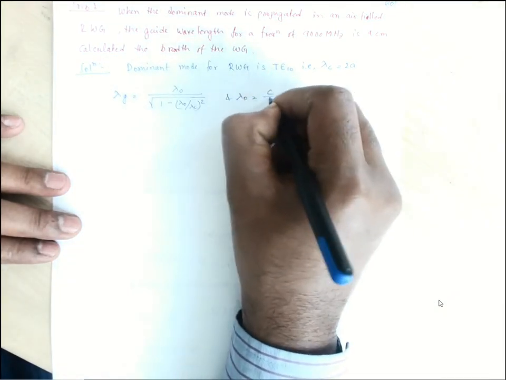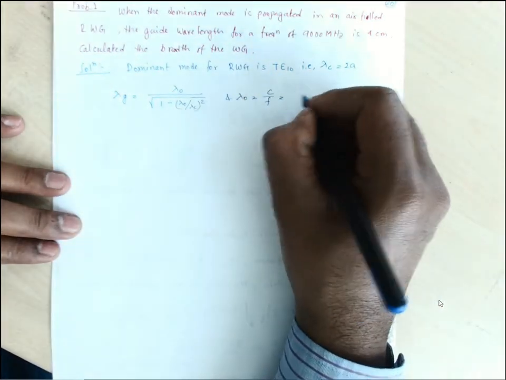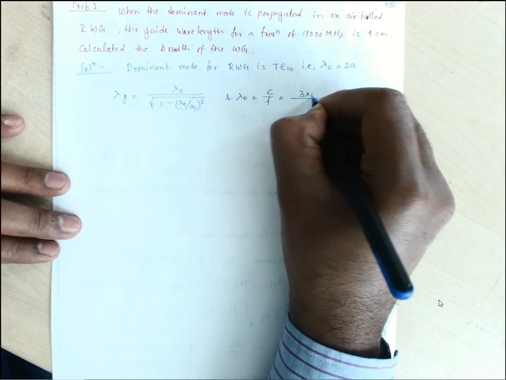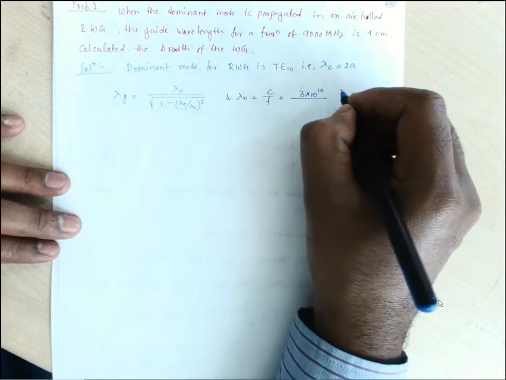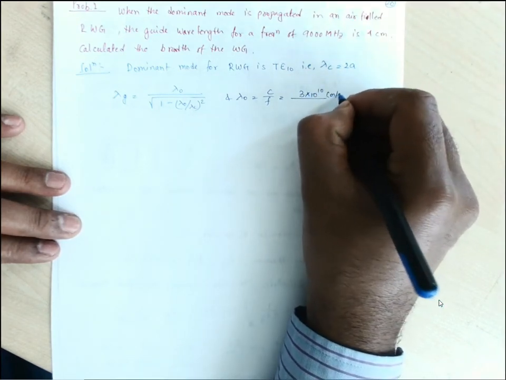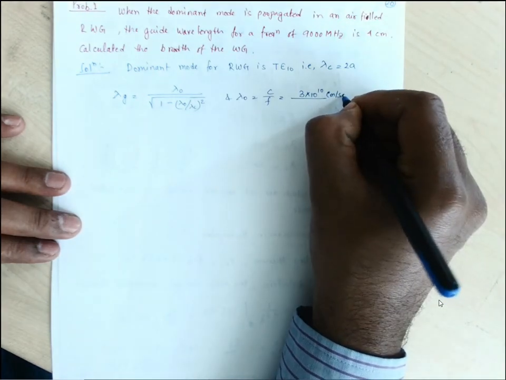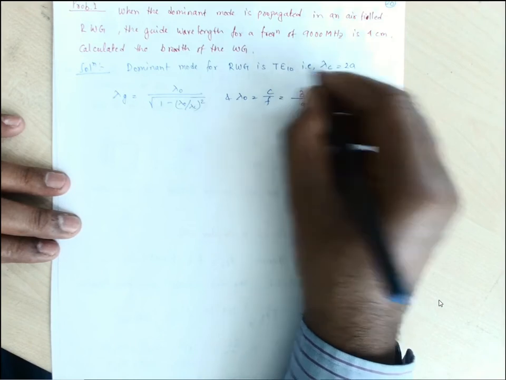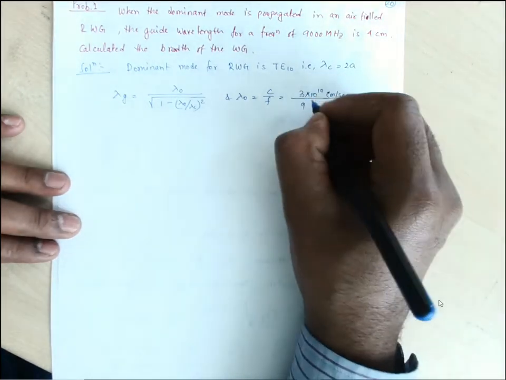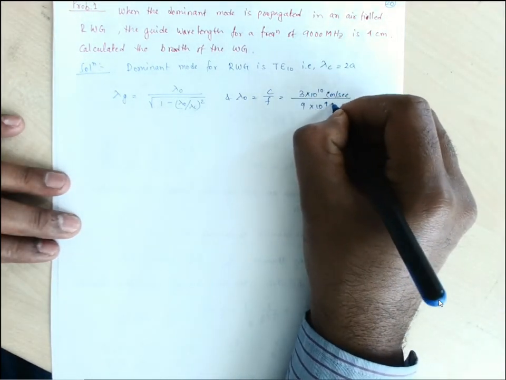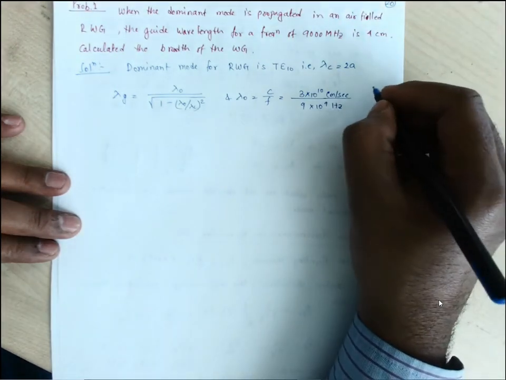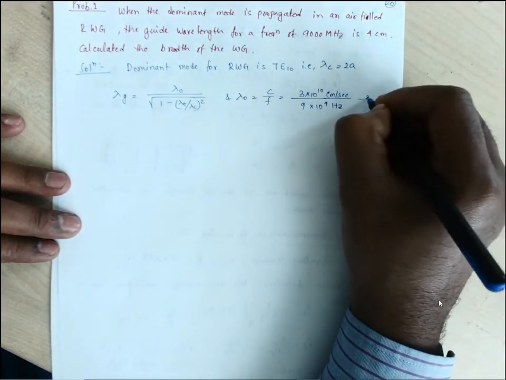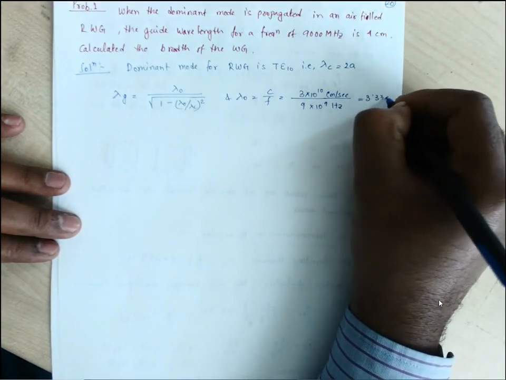It is c by f. So c is 3 into 10 to the power 10 centimeter per second by f, given as 9000 megahertz, which means 9 gigahertz, so 9 into 10 to the power 9 hertz. It comes out as 3.33 centimeter.